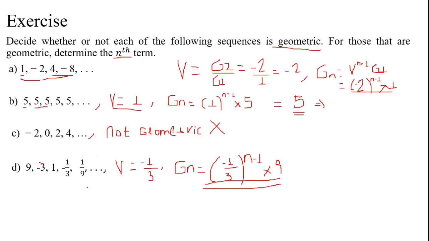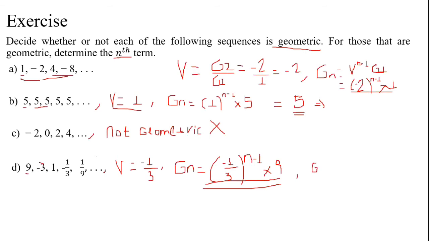Now we can check the first term by substituting 1 here. So G1 equals minus 1 over 3 to the power of 1 minus 1. 1 minus 1 means 0, and any number to the power of 0 is 1. 1 times 9 is 9. If we check the second term, put 2 here: G2 equals minus 1 over 3 to the power of 2 minus 1, that is 1.